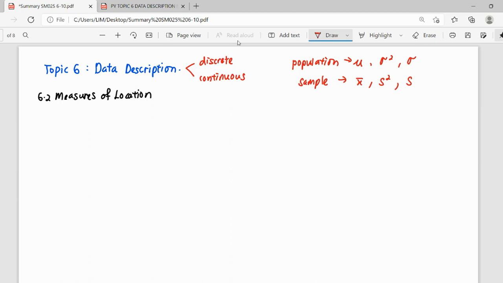Okay, so discrete is normally countable. Discrete normally countable means 1 is 1, 2 is 2. You will not have intermediate value. So continuous data normally comes in intervals. So your value will be like, when you're talking about height, you will consider decimals.